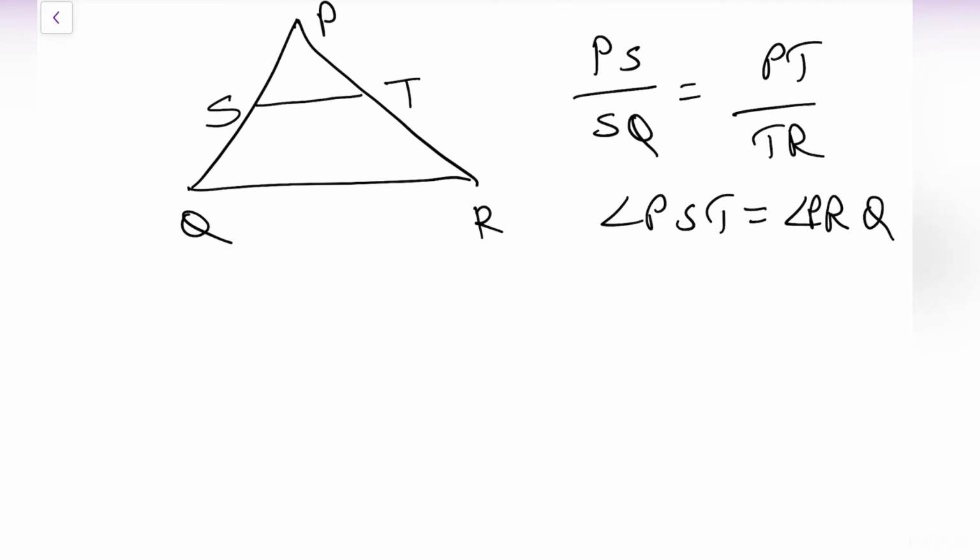This is the question actually. PQR triangle is there and ST one line is there, and it says that PS by SQ equals PT by TR and angle PST equals angle PRQ.